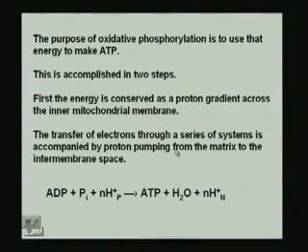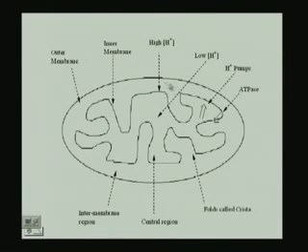So, what we have is the transfer of electrons through a series of systems that is accompanied by proton pumping from the matrix to the intermembrane space. Essentially, ADP plus Pi go to ATP. Where is this occurring? This is the intermembrane space, and this is the matrix space.